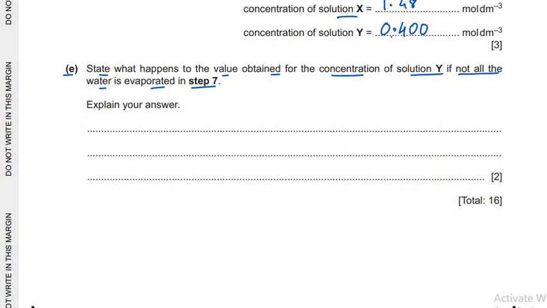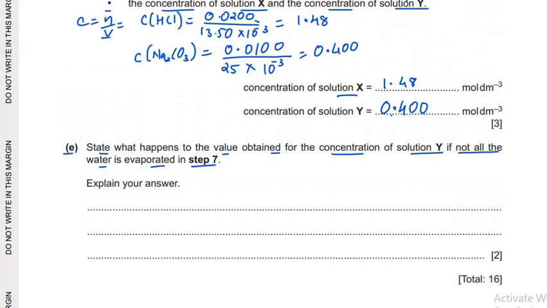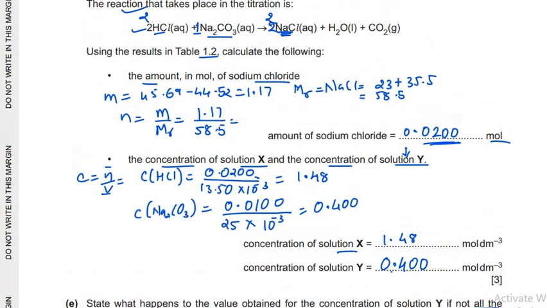If all the water has not evaporated in step 7, that shows that the mass obtained here will be greater. So if that mass obtained here is greater, then the moles calculated here will also be greater. If the moles calculated here are greater, obviously the concentration of both will be calculated greater, because the numerator will be bigger because of that.